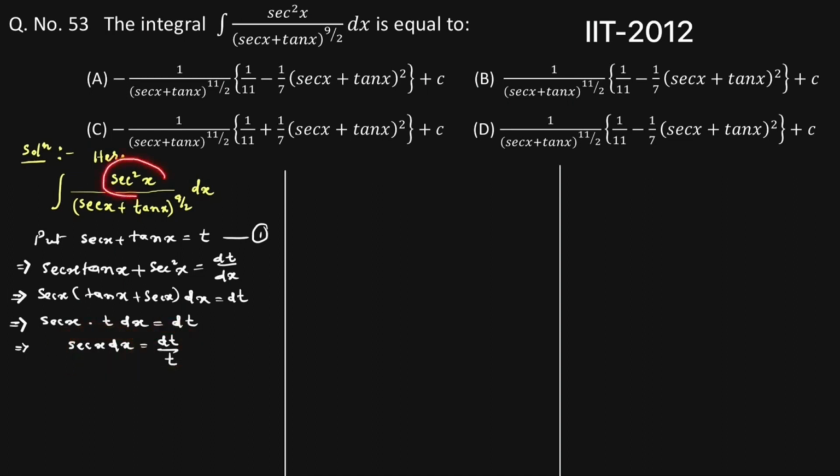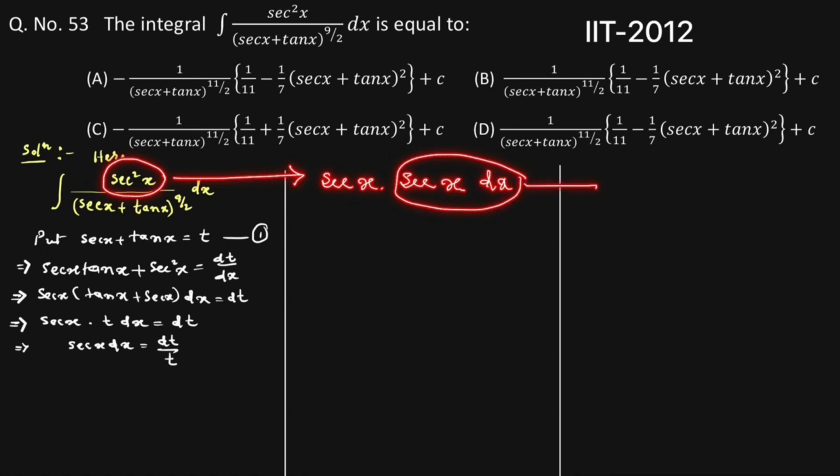In the numerator there is sec square x, which we are able to write as sec x into sec x. One sec x with dx we are able to write as dt by t. For the other sec x, which we convert in terms of t, we take the help of equation number 1.